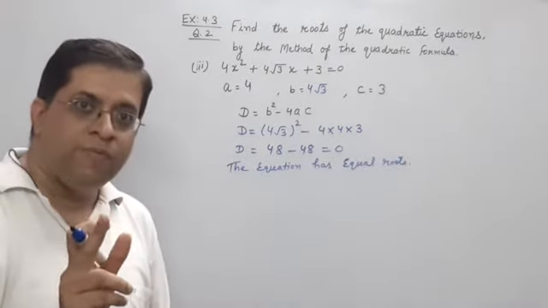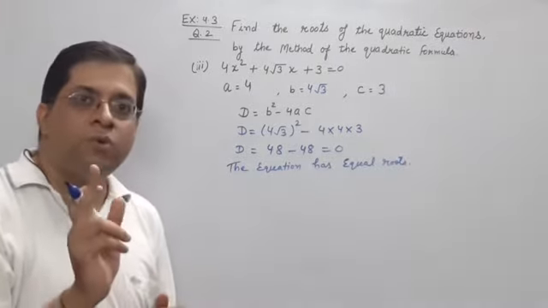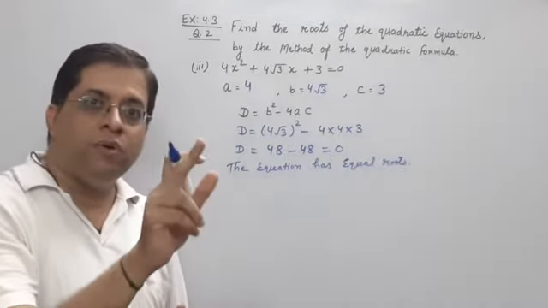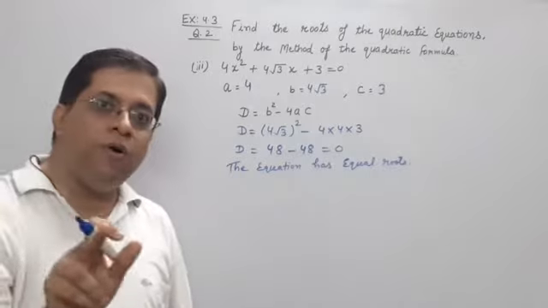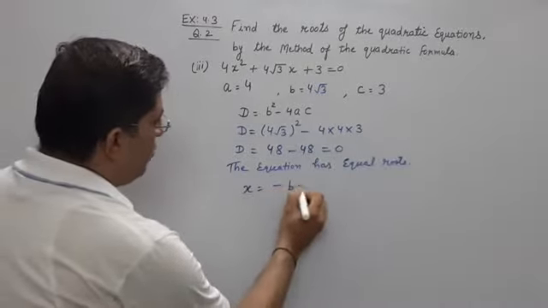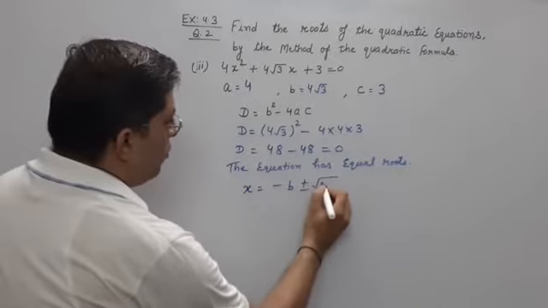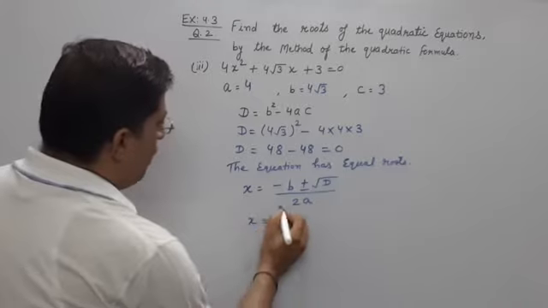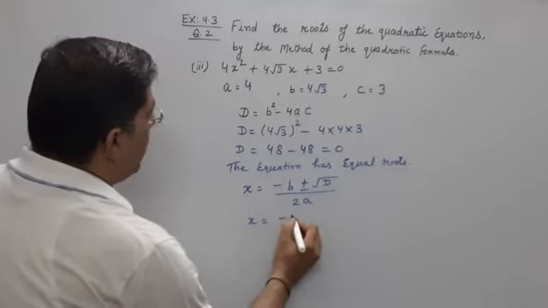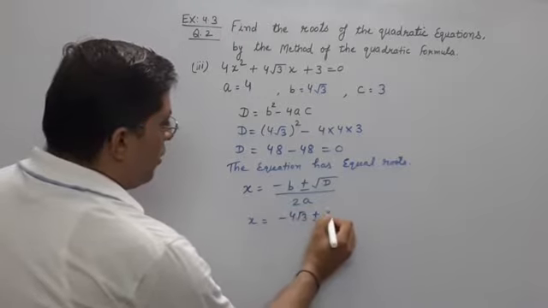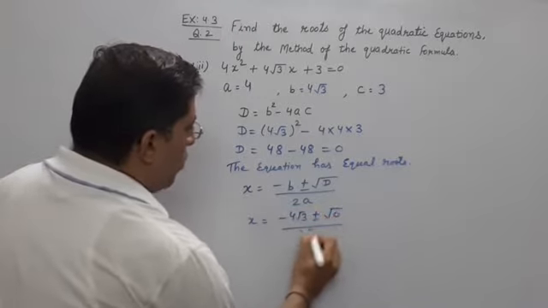Tell me, x is equal to minus b plus minus under root D upon 2a. I am writing here x is equal to minus b plus minus under root D upon 2a. Put values: minus b is minus 4 root 3, plus minus under root 0, upon 2a.